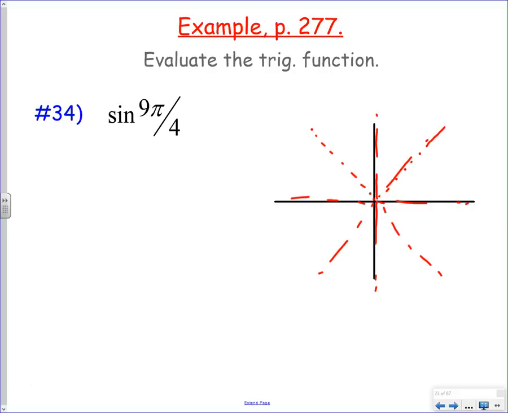Where's 9 pi over 4 back to? 9 pi over 4 is in the exact same placement as pi over 4. So what are we going to use? Either the ratio, or a 45-45 triangle. It's positive in the first quadrant. Either way, what sign?